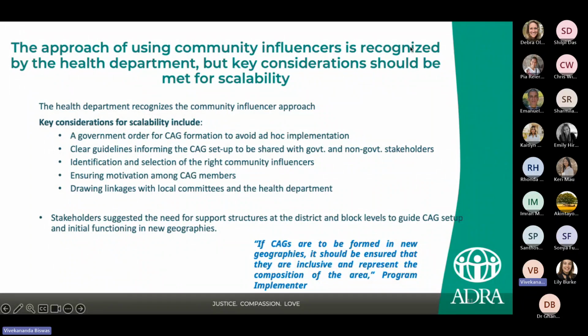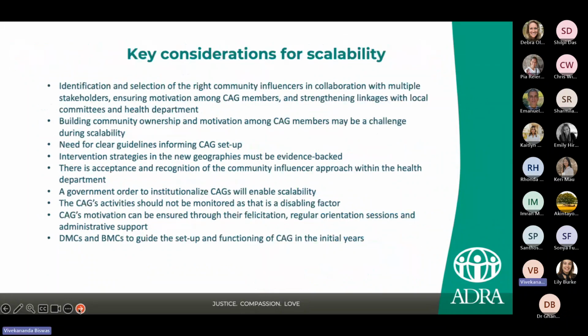And in terms of scalability also, if the CAGs are to be formed in new geographies, it should be ensured that they are inclusive and represent the composition of the areas where the program is implemented. There are some key considerations, as I already said.